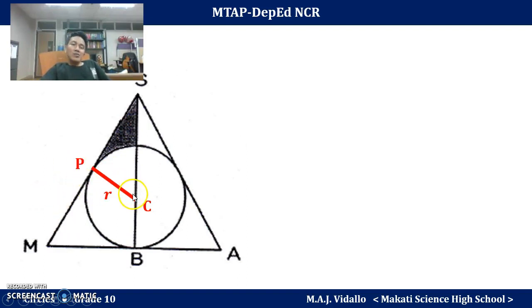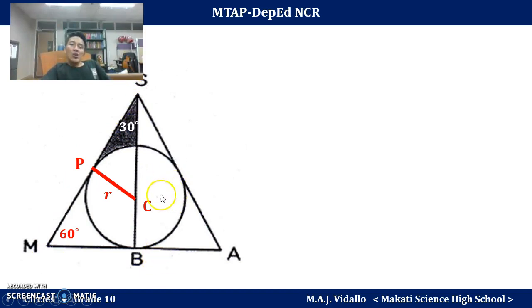Since this is an equilateral triangle, what is the measure of angle M? 60 degrees. It says here that SB is an altitude, so this makes it perpendicular, so 90. Therefore, what is the measure of angle MSB? Correct, 30 degrees.